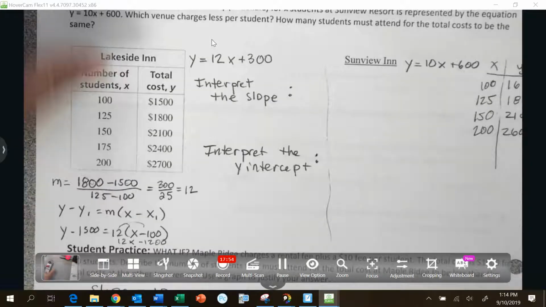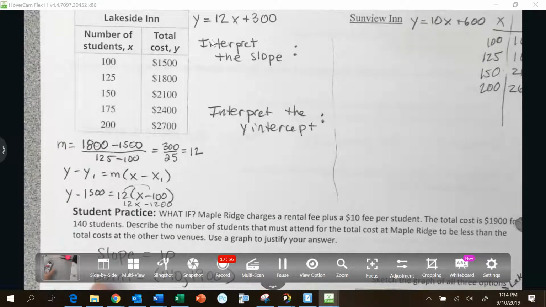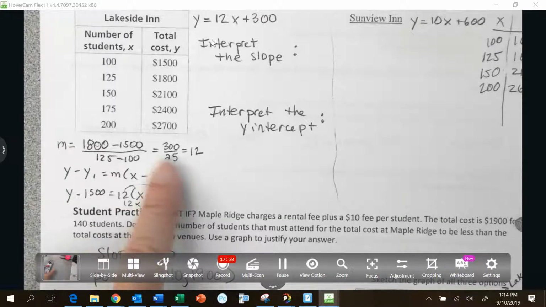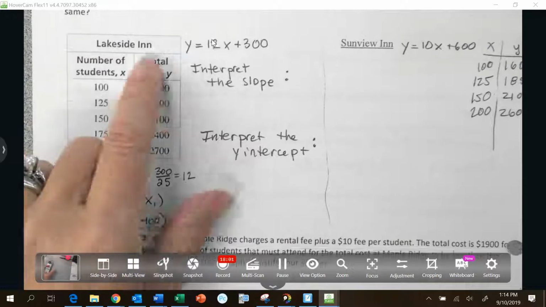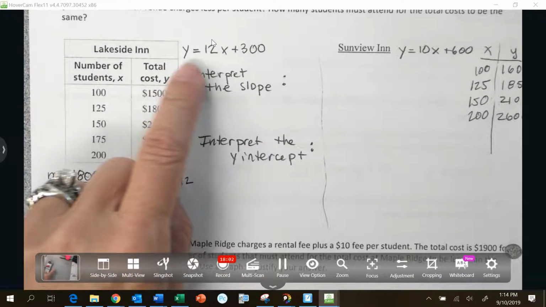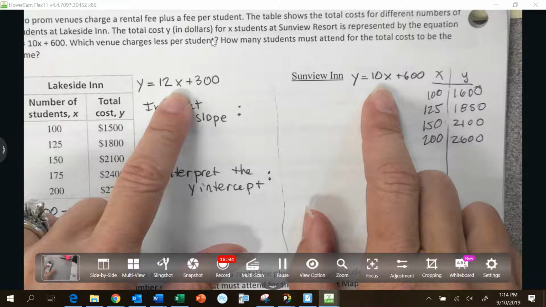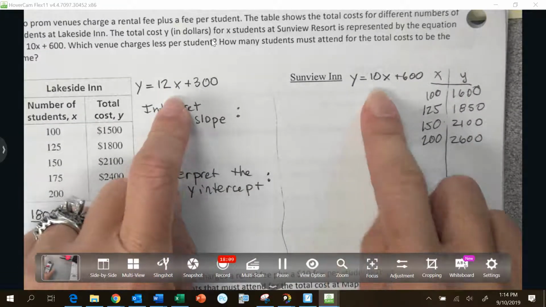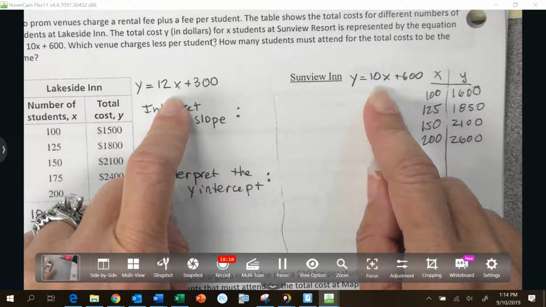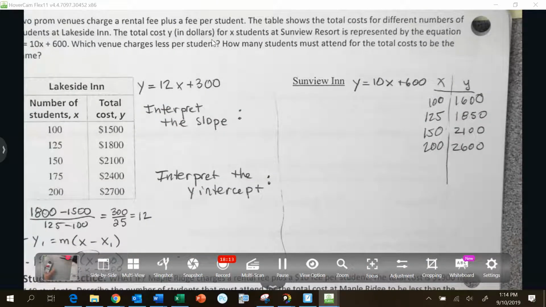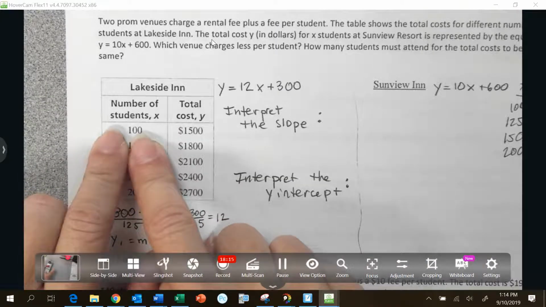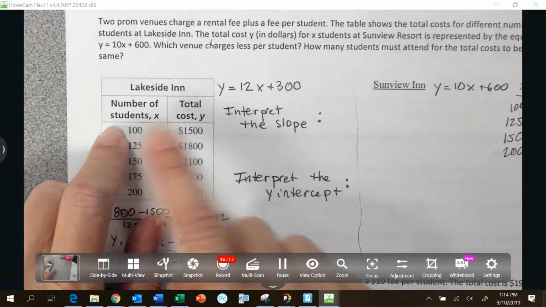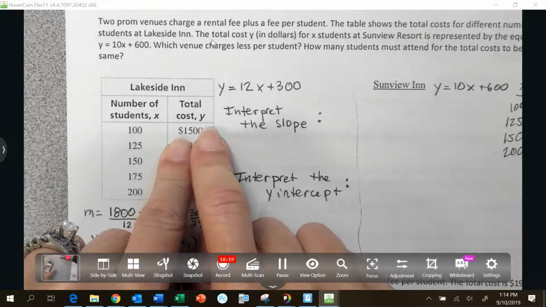And then I also took the Lakeside Inn and wrote the equation by finding the slope and doing point slope form, so we could also compare the equations. What we have to do for these is interpret the slope. So the slope is 12 or the slope is 10. What does that mean when the number of students is the x and the total cost is the y?